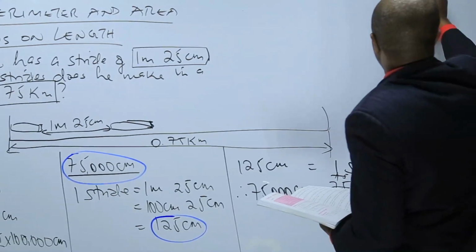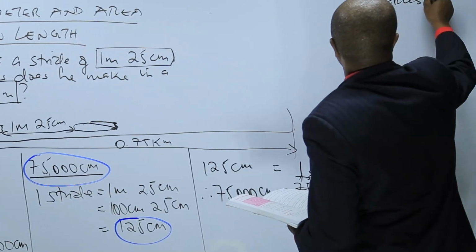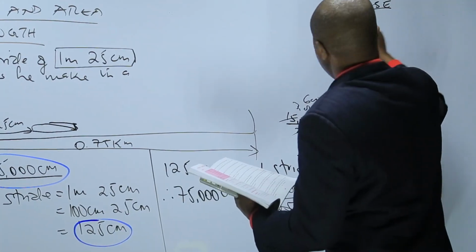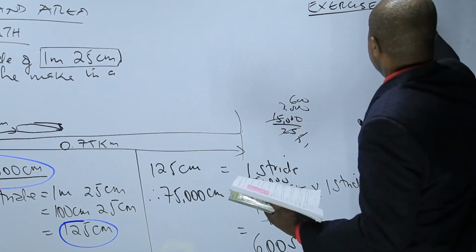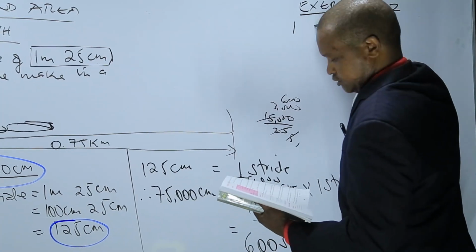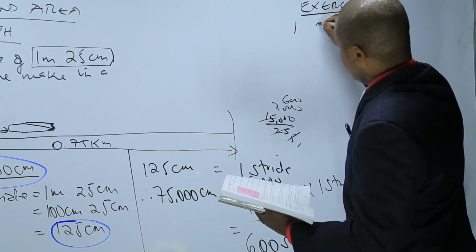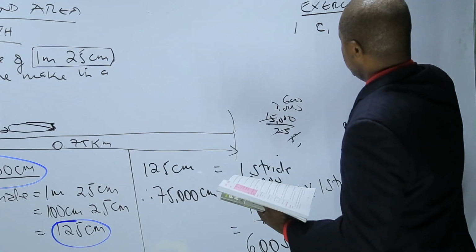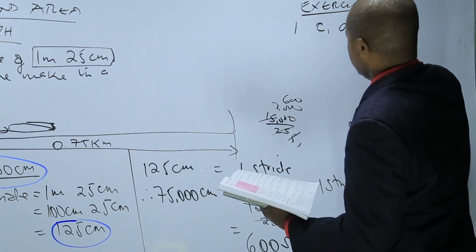We'll come to the end of our lesson today, but before we break, this is your exercise. Number 60. Go and do question 1. We did A and B together. Go and do C, D, and E.